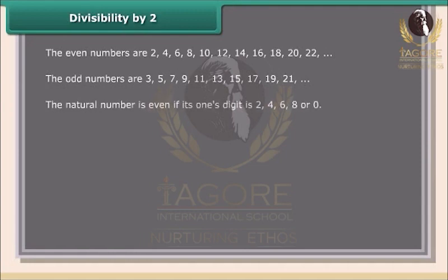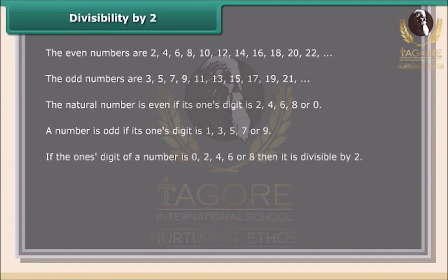A natural number is even if its ones digit is 2, 4, 6, 8 or 0. A number is odd if its ones digit is 1, 3, 5, 7 or 9. If the ones digit of a number is 0, 2, 4, 6 or 8, then it is divisible by 2.